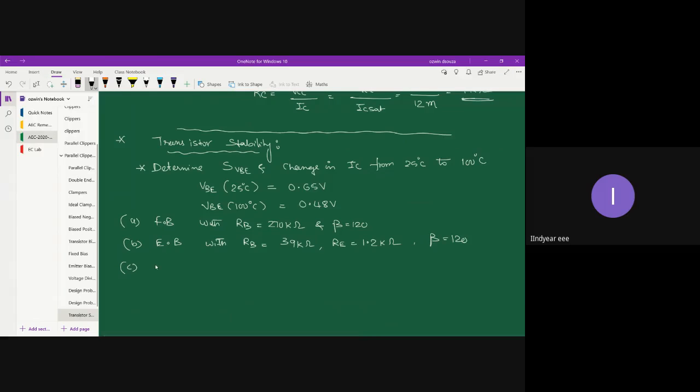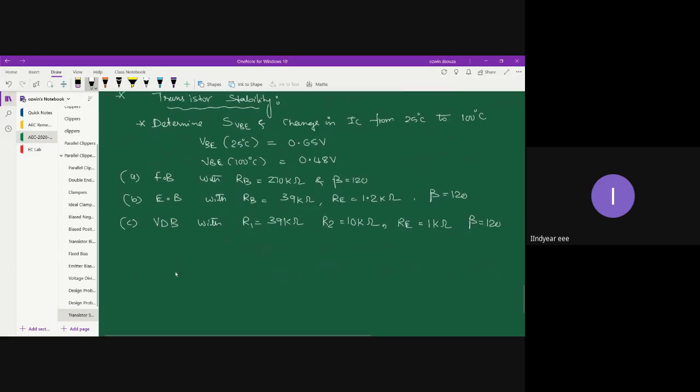Third one, voltage divider bias, with R1 equal to 39 kilo ohm, R2 equal to 10 kilo ohm. This is 39 kilo ohm, not 3.9 kilo ohm as you did in the exam. RE is equal to 1 kilo ohm and beta is equal to 120. So this is the problem.